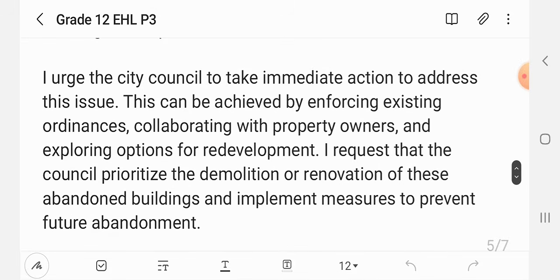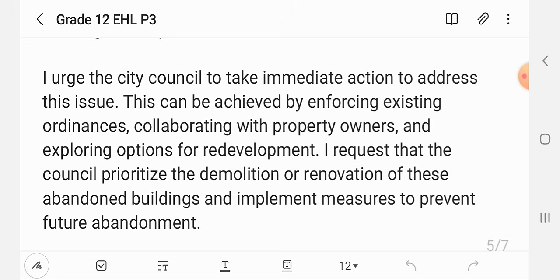I urge the City Council to take immediate action to address these issues. This can be achieved by enforcing existing ordinances, collaborating with property owners, and exploring options for redevelopment. I request that the council prioritize the demolishing or renovation of these abandoned buildings and implement measures to prevent future abandonment.